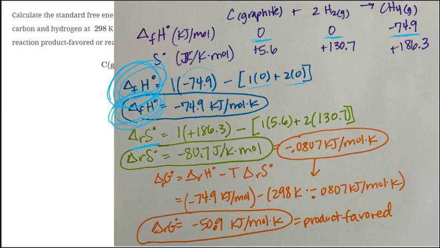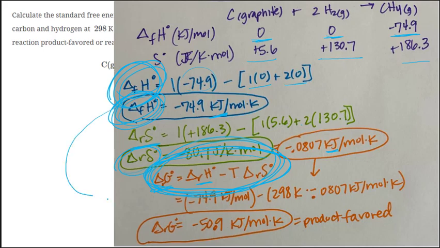So I found my delta H. Now let's find entropy. Using the values from our appendix, I found the change in entropy, products minus reactants. So I found my delta S. Now delta S, the units is joules per Kelvin mole. I turned it into kilojoules so that my units would match. And then I'm going to plug it into my Gibbs's free energy equation where G is equal to H minus TS.